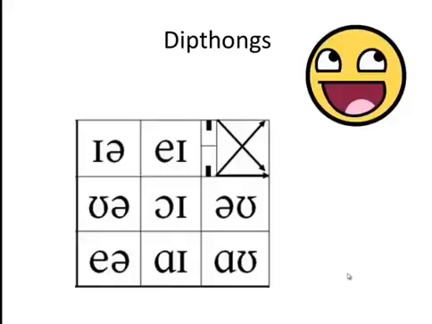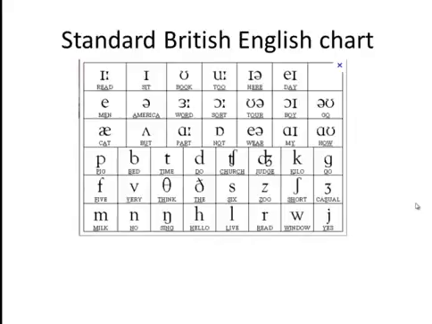Those are the diphthongs. So if we look again at the whole chart, you can see on this particular example we've got a word underneath to help you remember. This kind of thing is really helpful for you because you know what these words sound like.